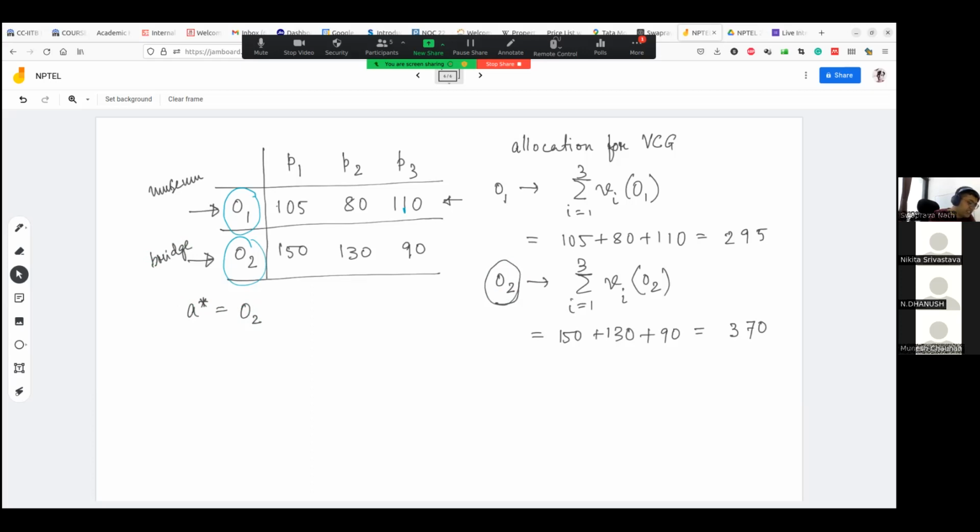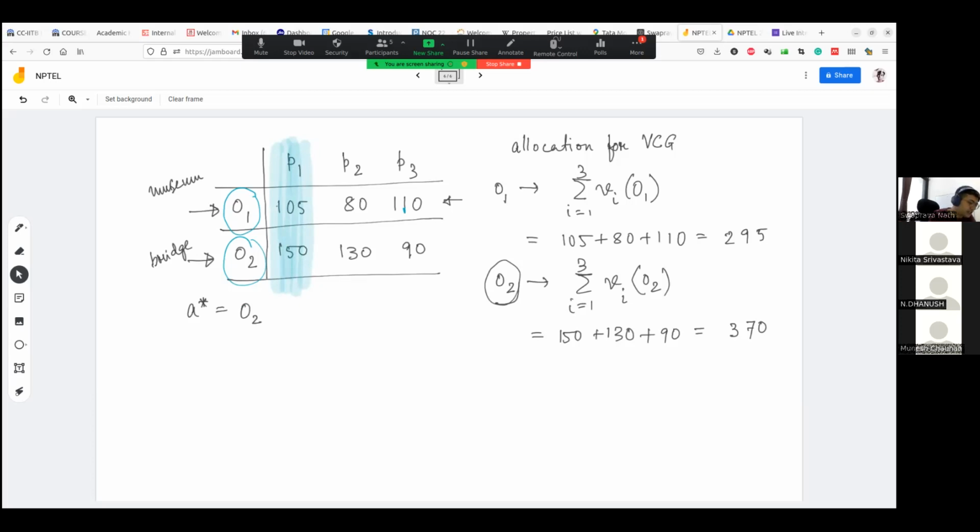When we are trying to find the payment for player 1, we just remove player 1 from the system and see what the outcome would have been, using the same allocation rule as the VCG. If player 1 was not present, what would have been the outcome?